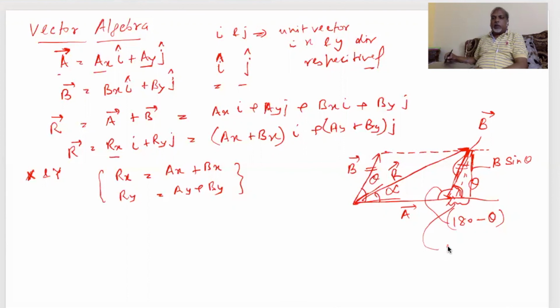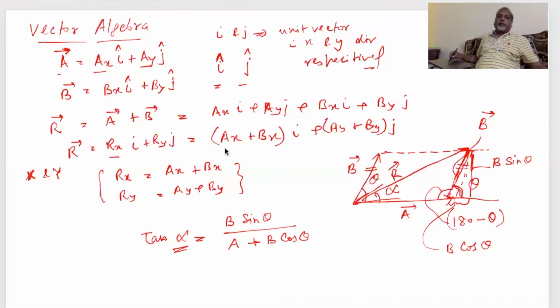This will be B cos theta. So tan alpha will be nothing but B sin theta upon A plus B cos theta. So this is how you can find out the alpha. Correct?